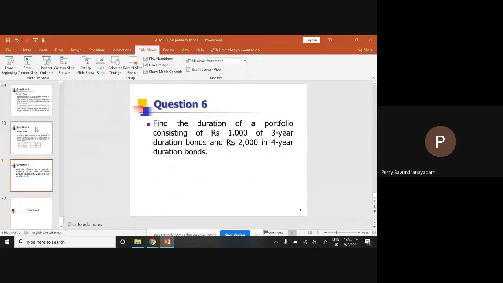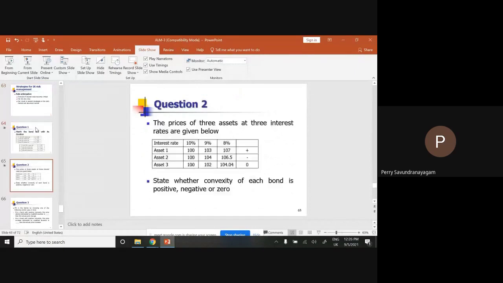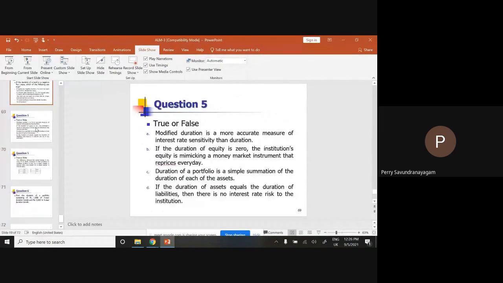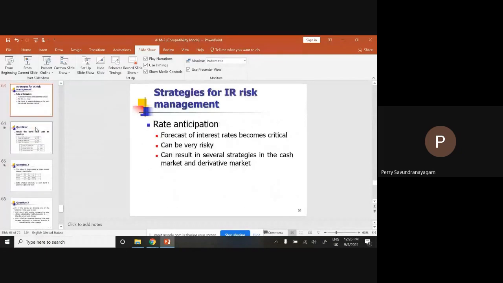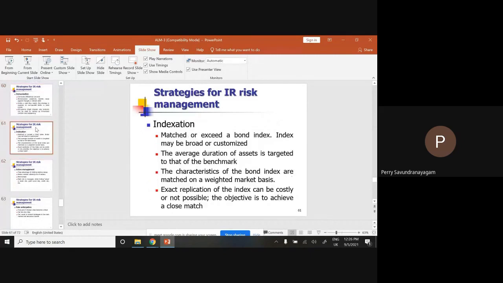Do these questions by yourself at home, 64 to 70. If there's any difficulty, we will address it during the revision classes. I don't want to have a separate class just to discuss these.